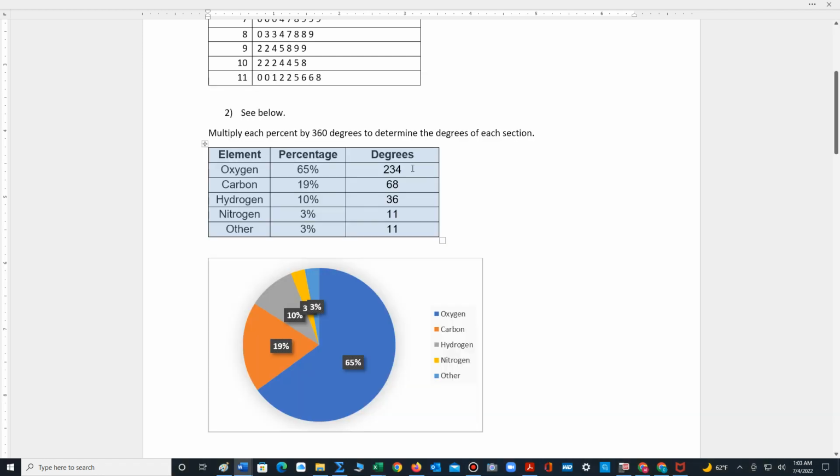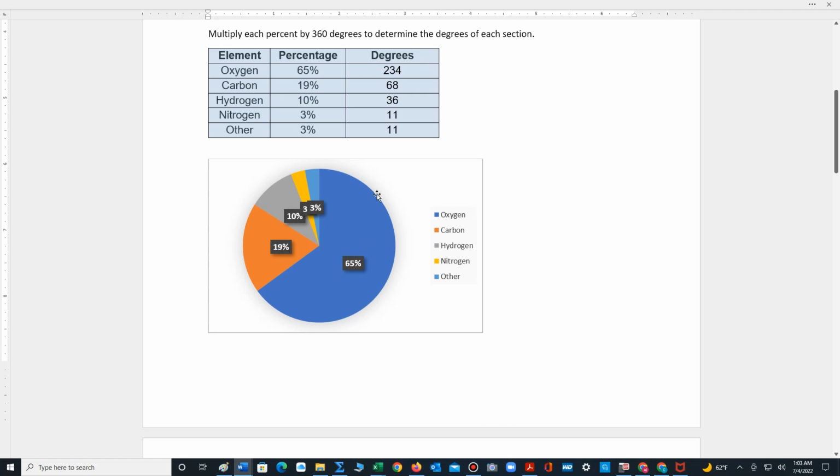So degrees is 234, and then we can repeat that process for all the other percentages. And then we construct the pie graph, right? Each section has a specific angle. We measure it off and draw and label each section. In this case, I used Microsoft Excel to construct the pie graph for this specific problem.